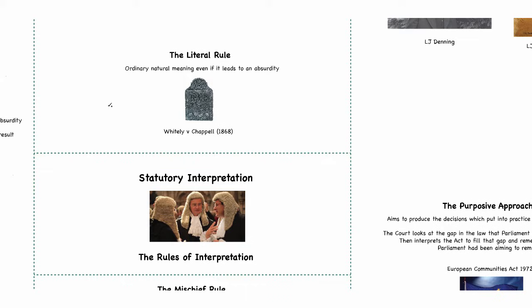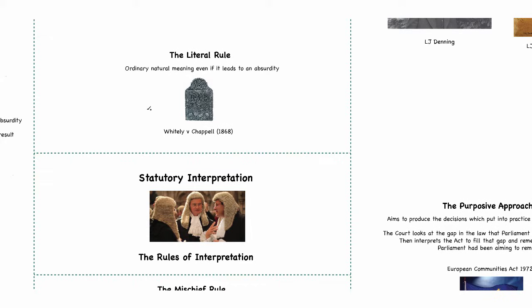They will then progress on through the golden and the mischief rule. If the statute has been made by the European Parliament, they can only apply the purposive approach. I will go back over that as we go through the video, but just bear that in mind. They will always start with the literal rule.